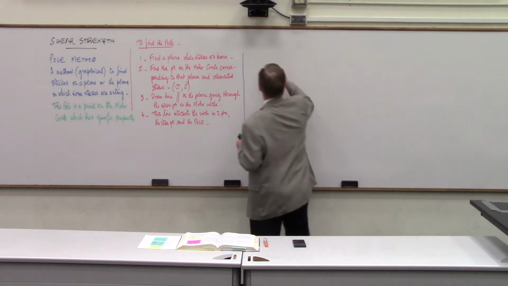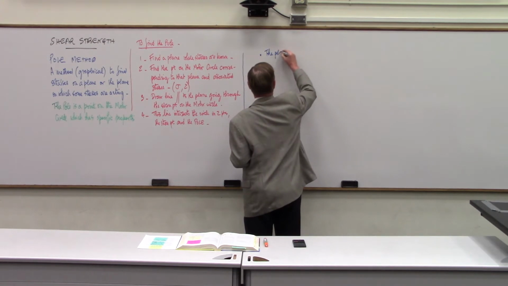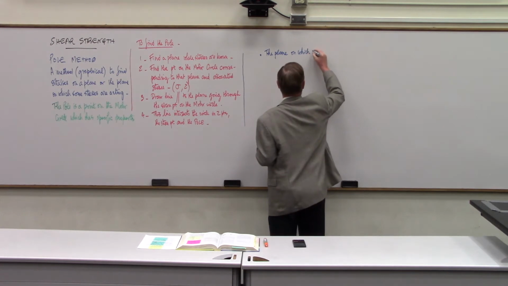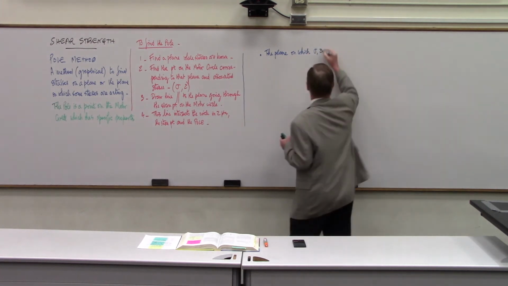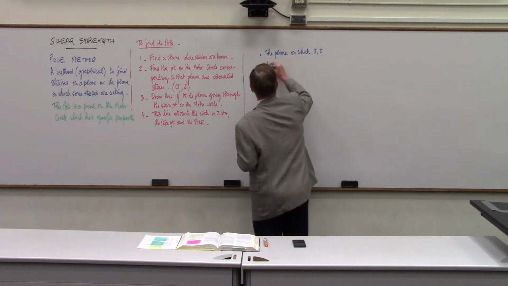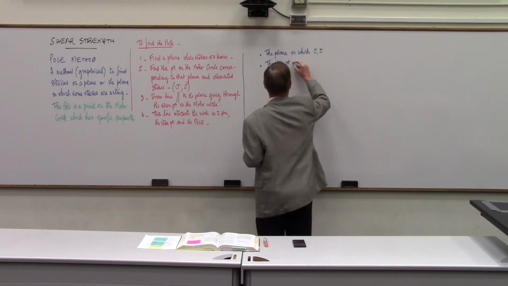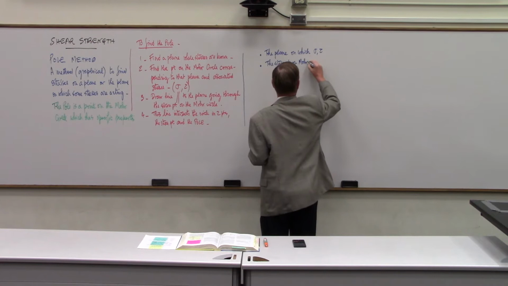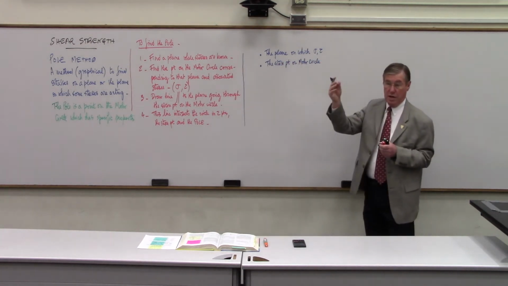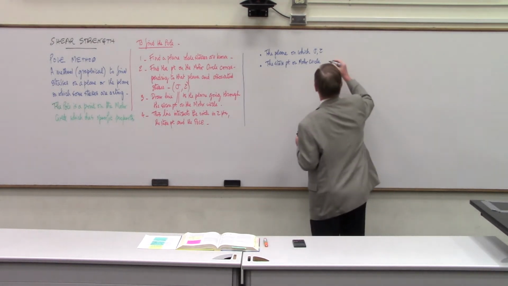These components are, 1, the plane on which the stresses act, on which you have sigma and tau. 2, you have the stress point on the Mohr circle, which will have an ordinate of tau and an abscissa of sigma.